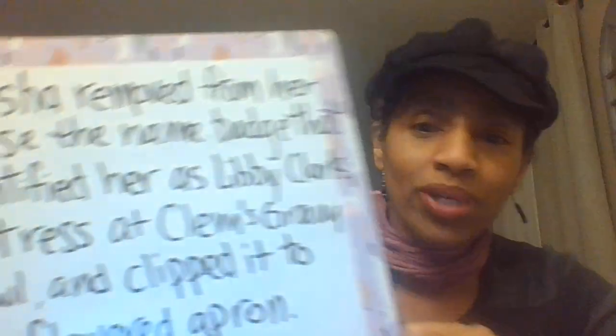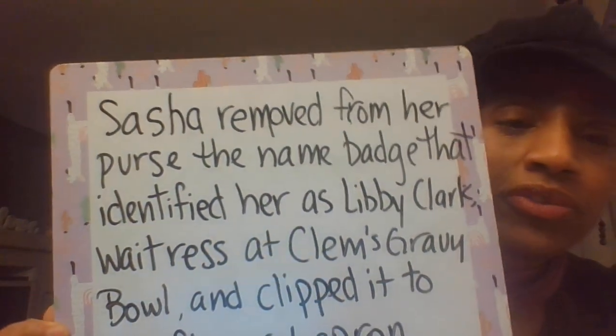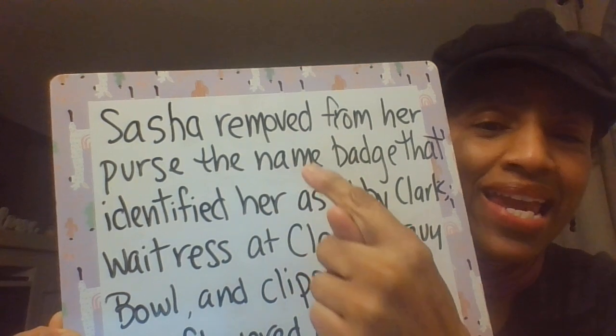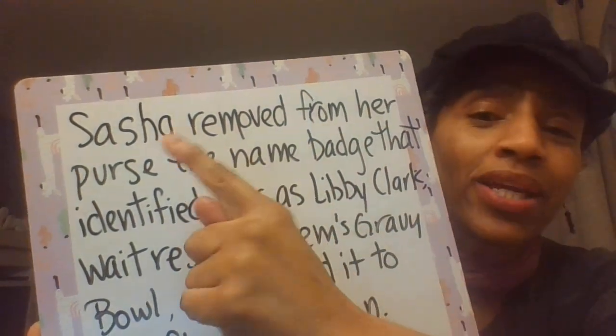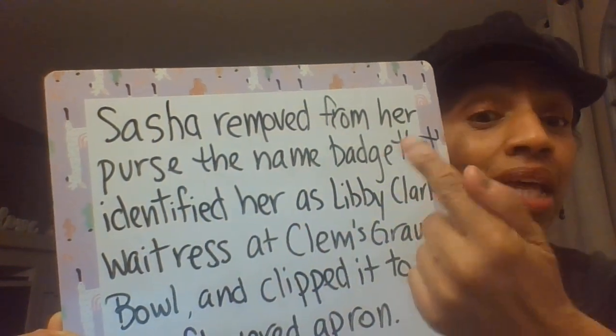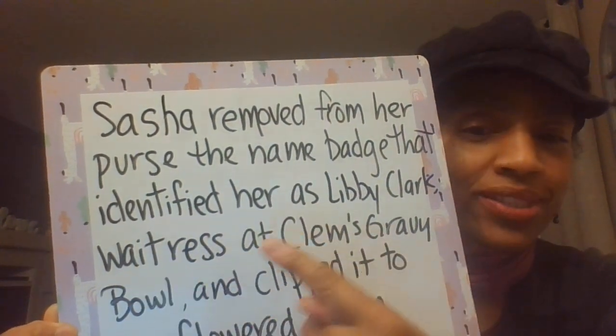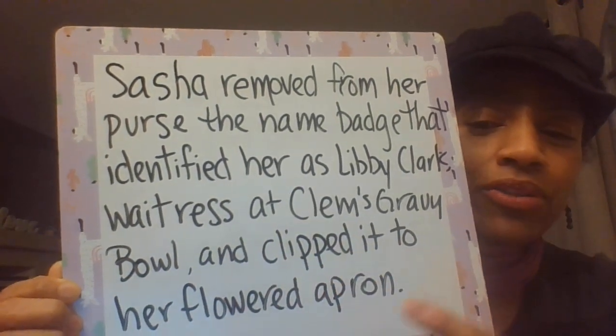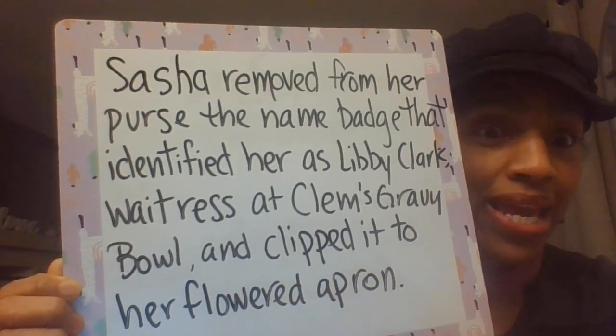The green parts, the pink parts, the yellow parts go together. There are a few ways you can rework the sentence to flow better and help comprehension, but this is one way I did it. Sasha removed from her purse the name badge. That's a little weird, but anyway: Sasha removed from her purse the name badge that identified her as Libby Clark, waitress at Clem's Gravy Bowl, and clipped it to her flowered apron.